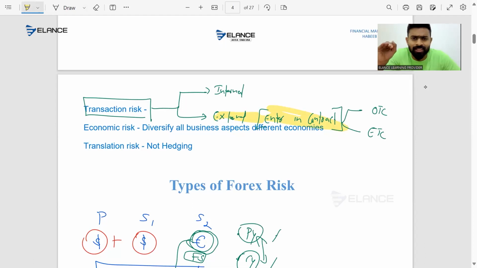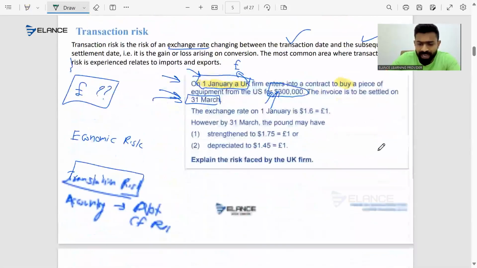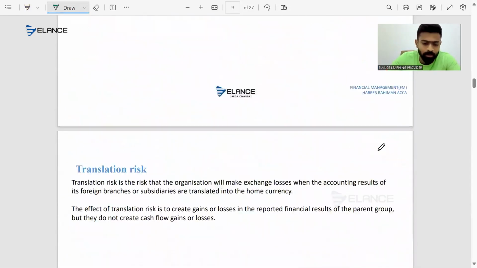I know most of you are struggling in this derivative part, futures, options and all. Am I right? Since our time is very less, I'm not going to discuss the entire internal part.